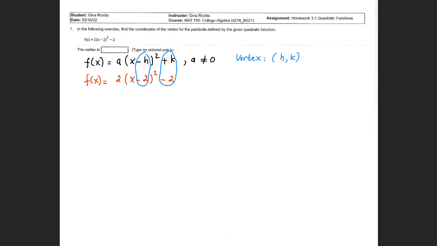So now we can write down h = 2 and k = -2. So we find the vertex here. The vertex is (h, k), so the answer is (2, -2).